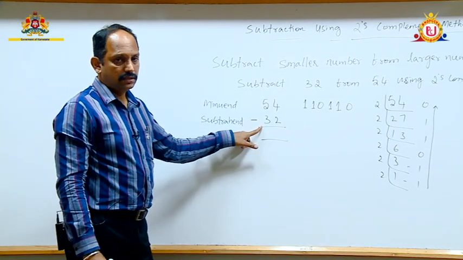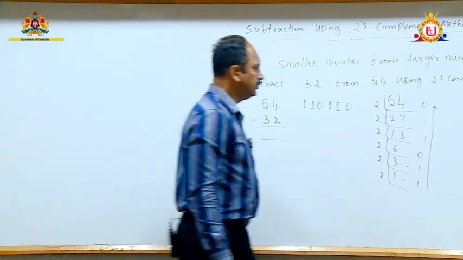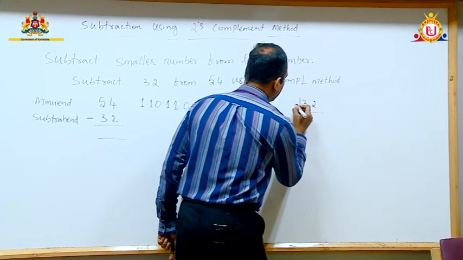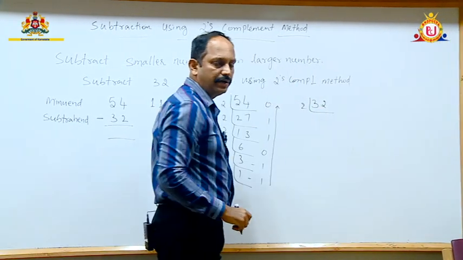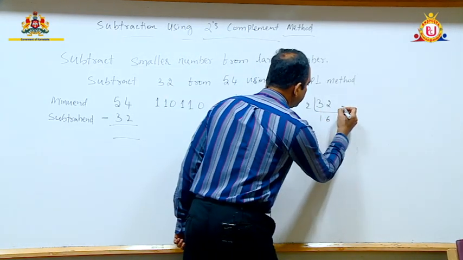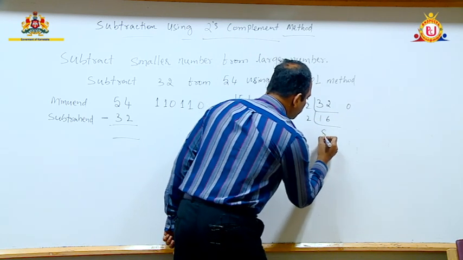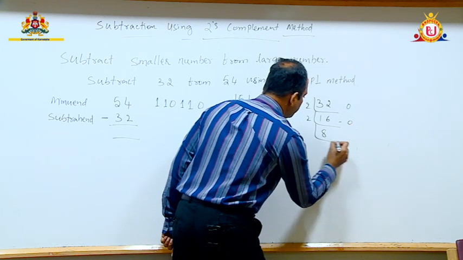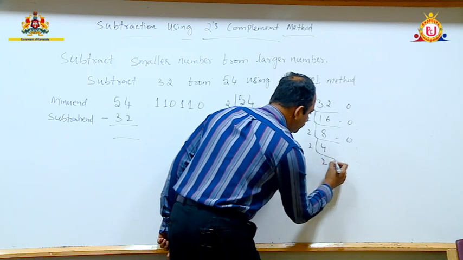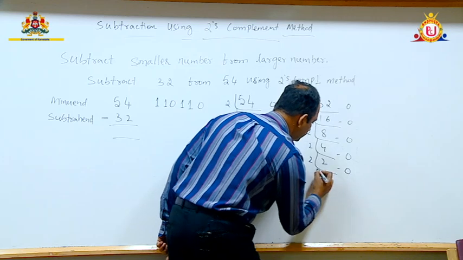Next, let us find the binary equivalent of decimal 32. 32 is divided by 2. 2 16s are 32, remainder is 0. 2 8s are 16, remainder is 0. 2 4s are 8, remainder is 0. 2 2s are 4, remainder is 0. 2 1s are 2, remainder is 0.